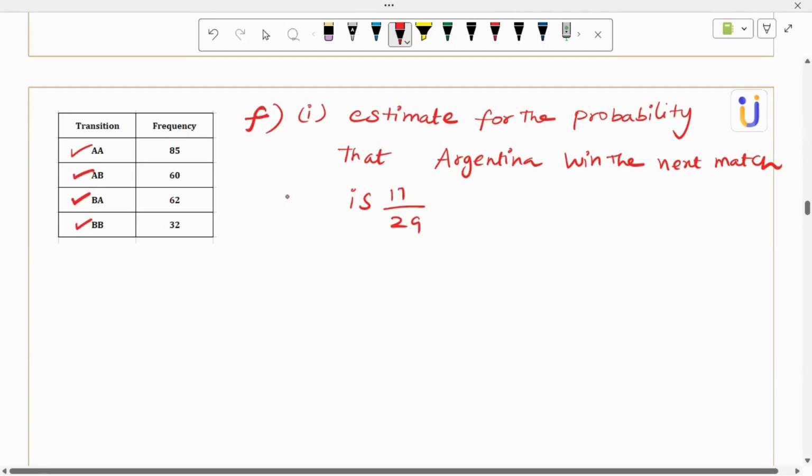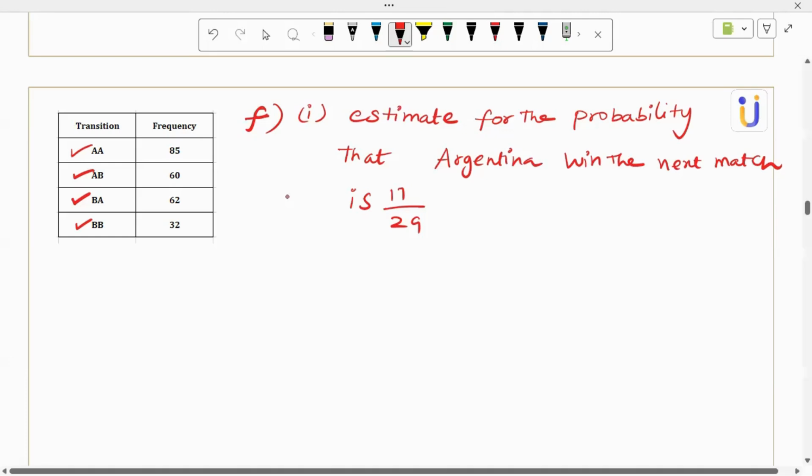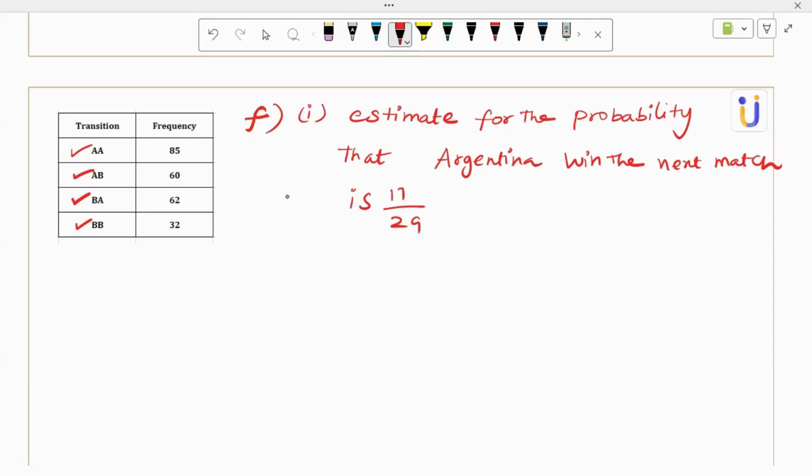Now, first part, we need to prove that, given that Argentina won the previous match, the estimated probability that Argentina will win the next match also is 17/29. So it's quite simple. First, what is the probability that Argentina wins given that it wins the previous match?